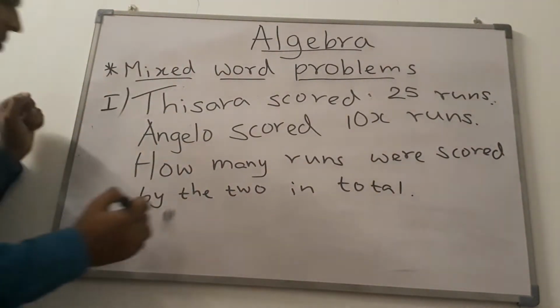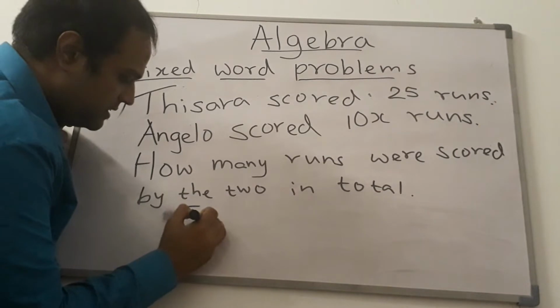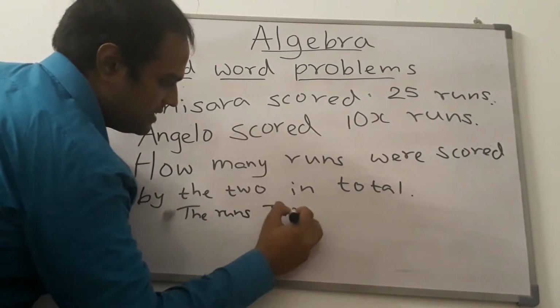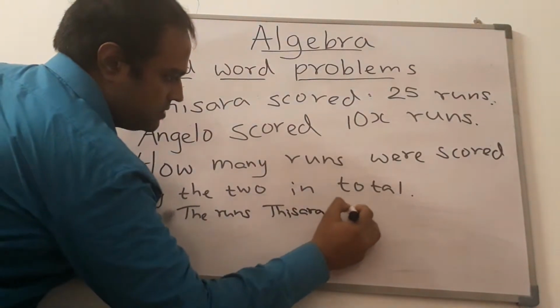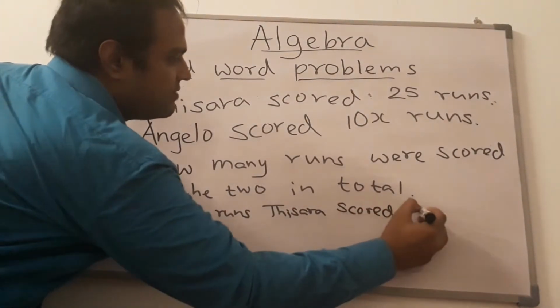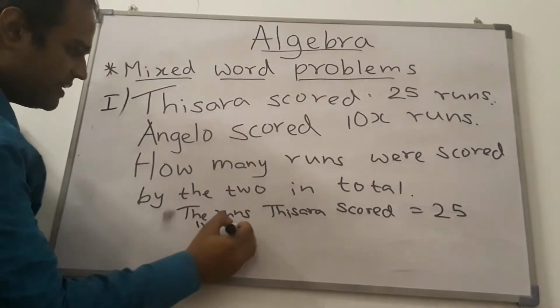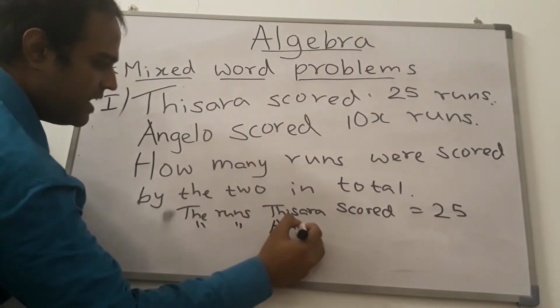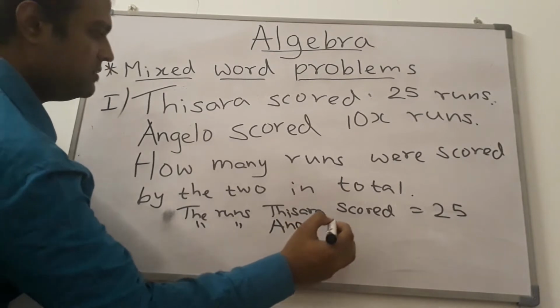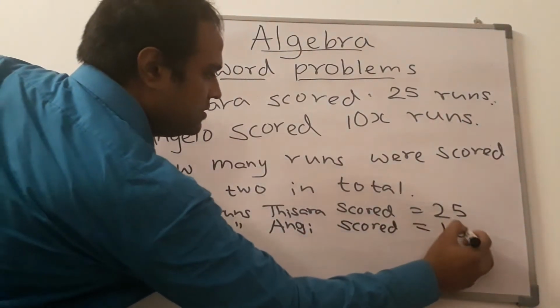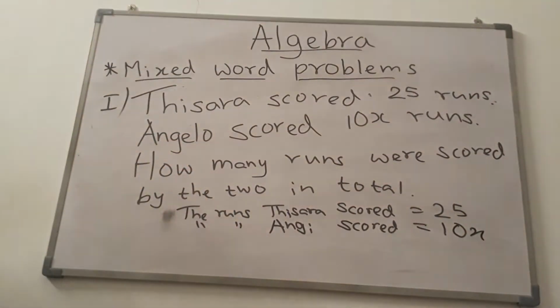Okay, Tisara scored the runs. Tisara scored is equal to 25. The runs Angie scored is equal to 10x.